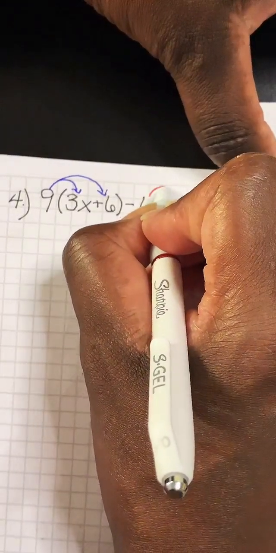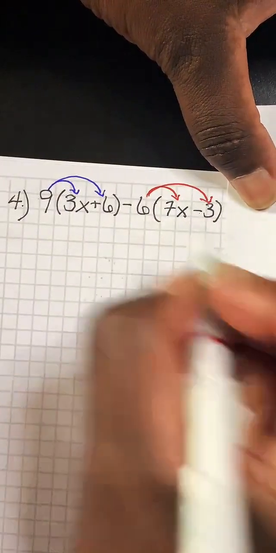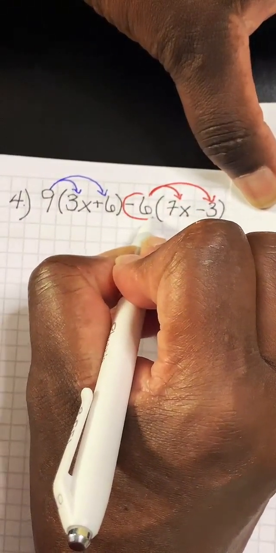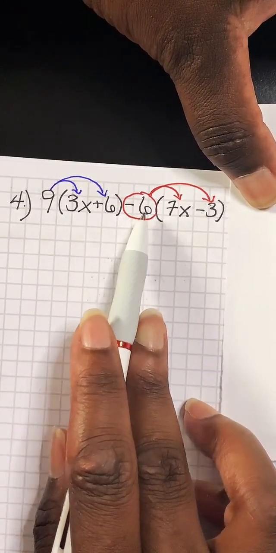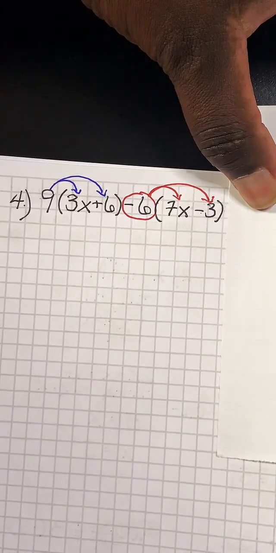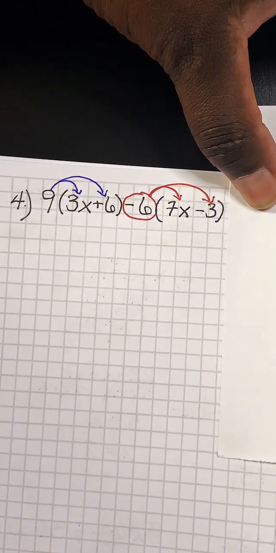And another parenthesis is going to get the distribution of not 6, but a negative 6. Remember, the sign is always to the left of your number. Include that. Yes, it is a minus sign, but it's also a negative for the 6.